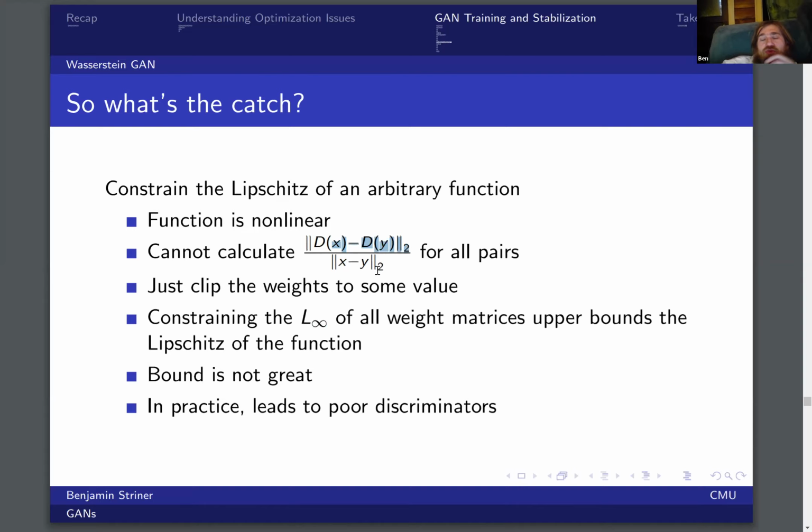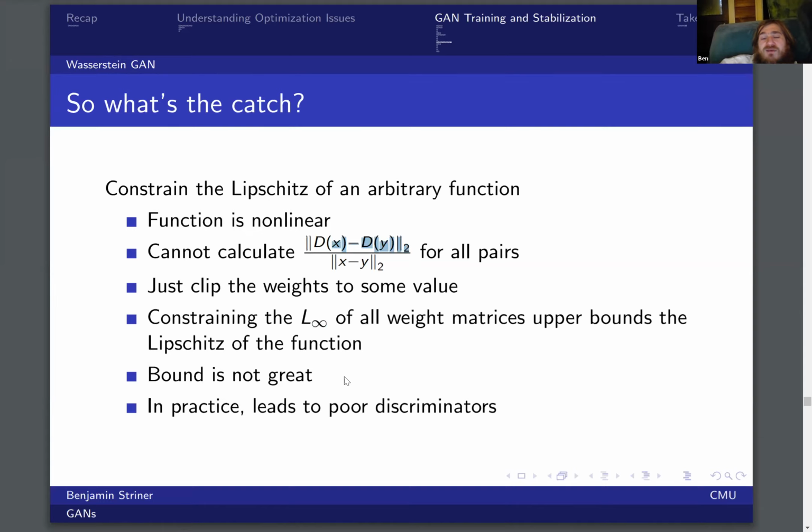So the way that they constrained the Lipschitz in the first paper, in the WGAN paper, is to clip the weights. If we were to clip every single weight in your network, then I could guarantee that the Lipschitz does not go above a given value. It might not be 1. I can tell you what that number is based on what we clip it to. But if we're clipping the values, then we have an upper bound to our Lipschitz.